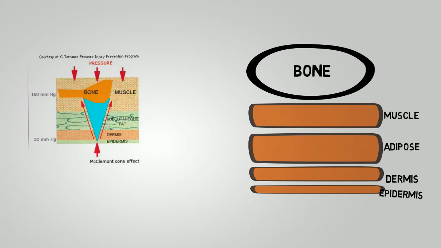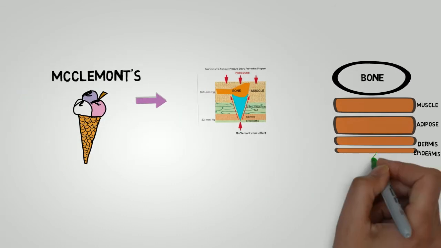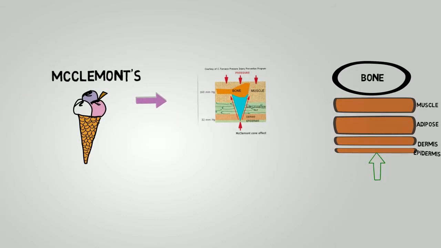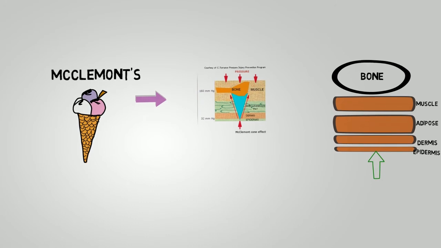Now we've got that out of the way, go back down to the epidermis and exert some external pressure here over a bony prominence. Immediately that external pressure transfers through the epidermis. The problem we have though is how that pressure reacts when it hits the interface between each subsequent type of tissue.